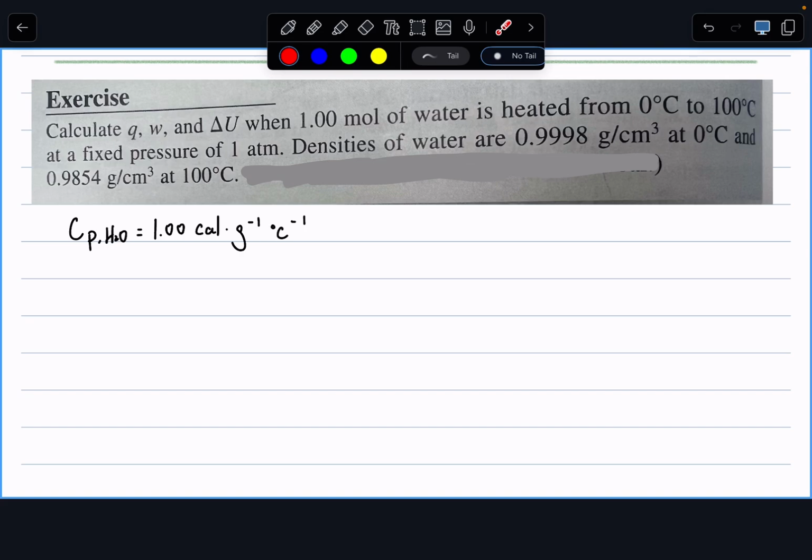You can do the calculation, but this gives us a super small number after the unit conversion, which is about negative 0.006 calorie.